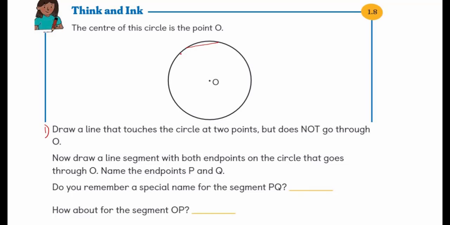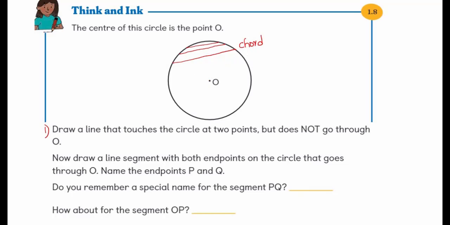In this way, we have to draw that. This is called a chord, which does not pass through the center and touches the circle at 2 points.